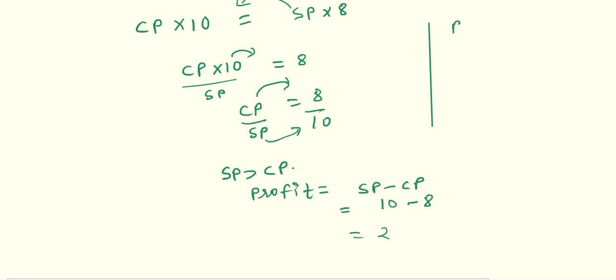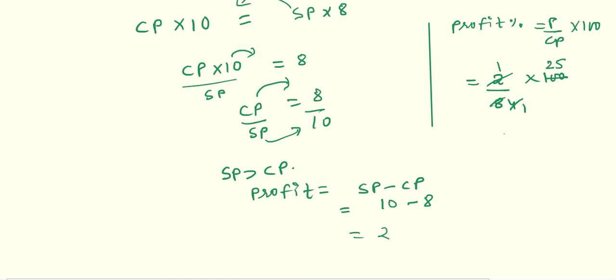So profit or gain percent equals profit by CP into 100. Profit is 2 upon CP, CP is 8, into 100. 2 1 ja 2, 2 4 ja 8, 4 1 ja 4, 4 2 ja 10, 2 remaining, 4 5 ja 20. So profit percent equals 25%.